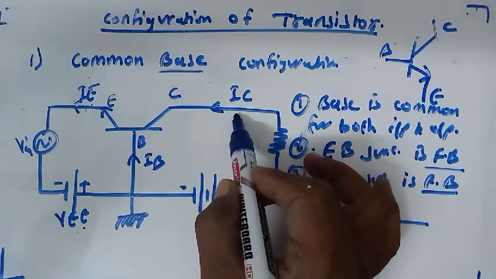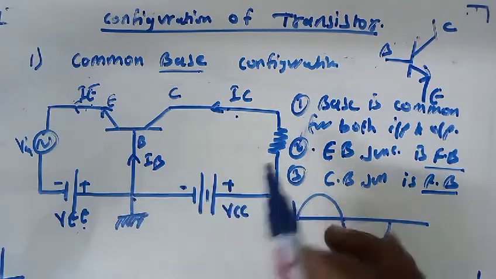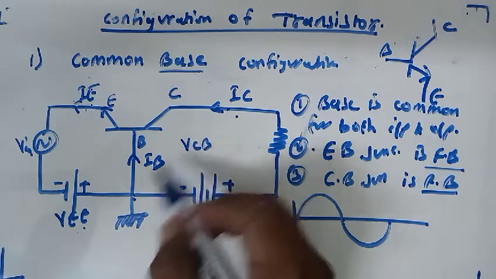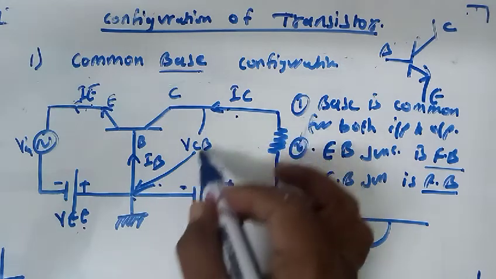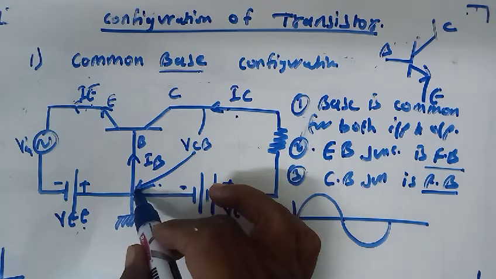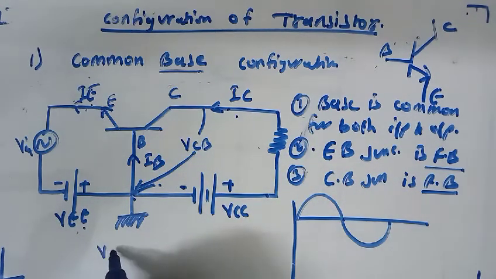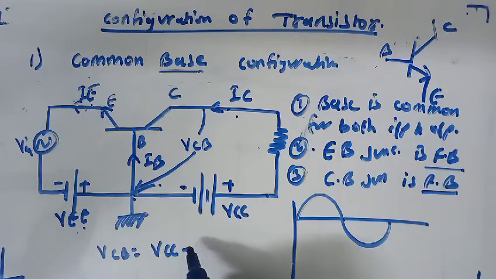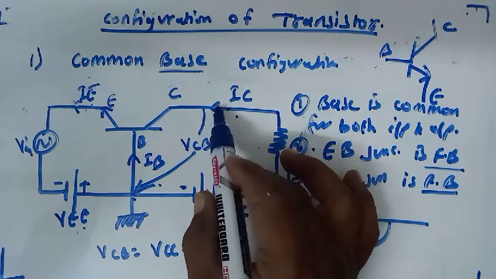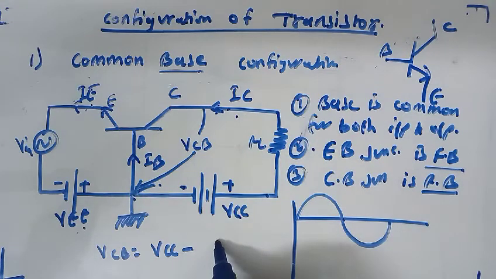Okay, the collector to base voltage is indicated with VCB. And when you are obtaining this particular VCB, you will say that VCB is equal to VCC minus, as it is having the opposite sign, RL, means this and this will be multiplied, and that's why you will be getting IC into RL.